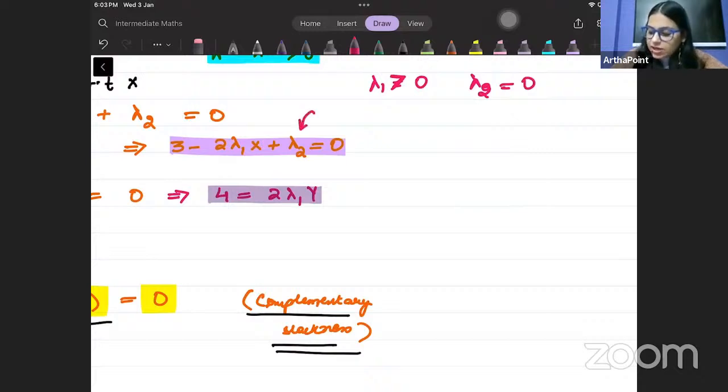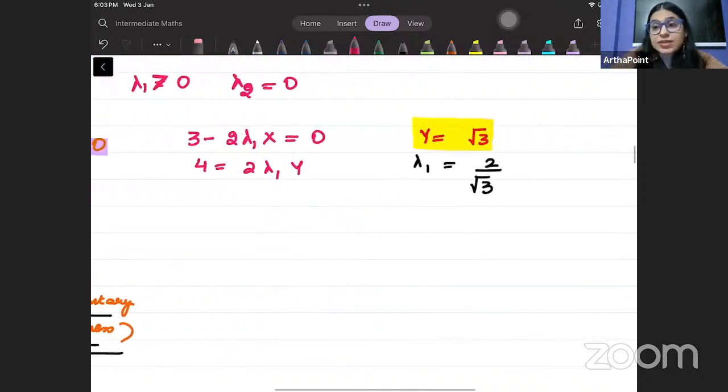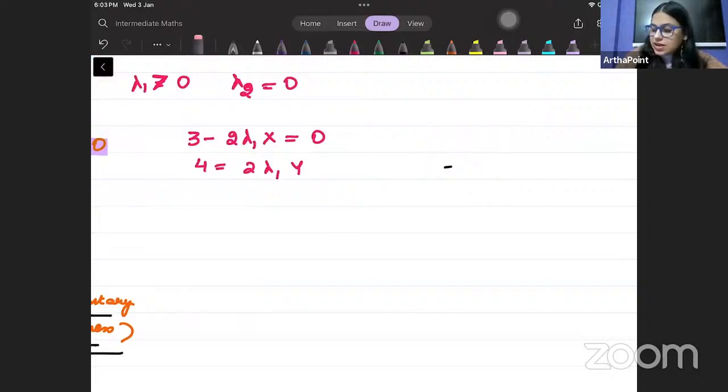So, if lambda 2 is 0, I will get 3 minus 2 lambda 1 into x is 0. And I have got 4 is equal to 2 lambda 1 into y. Okay. Now we have one more condition clear, that x square plus y square is 4 because this is a binding constraint.